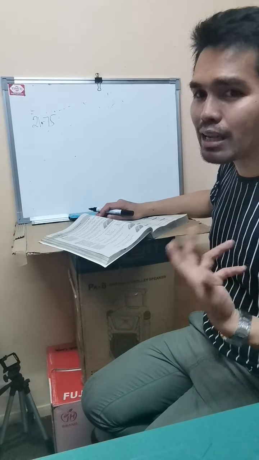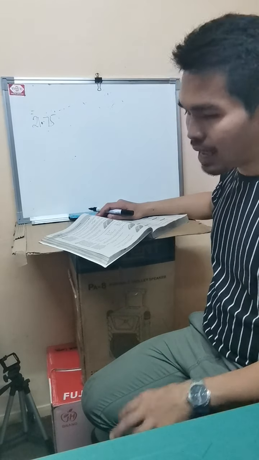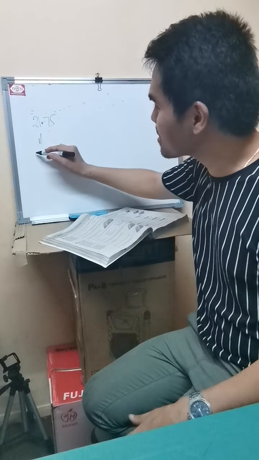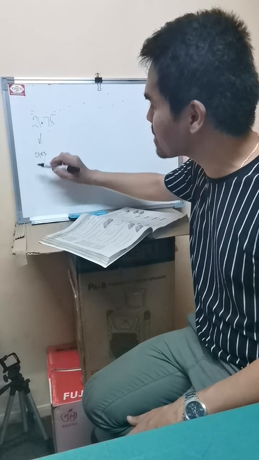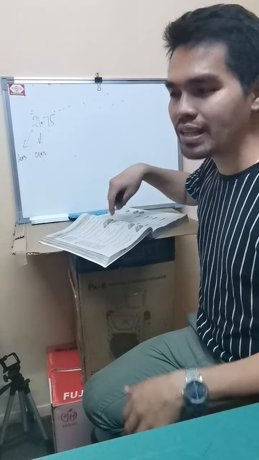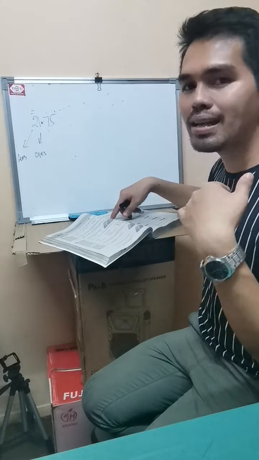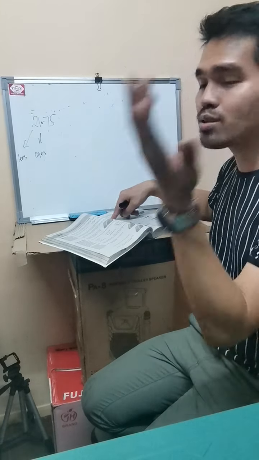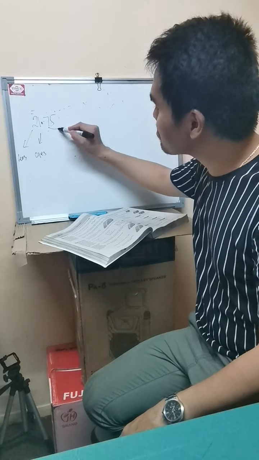Now let's try to identify place value. For the whole number part, as we discussed last time, this is the ones place, then this is the tens. And as we move further, that's hundreds, thousands, ten thousands, hundred thousands, and million, so on and so forth. Now, our focus is the decimal part.